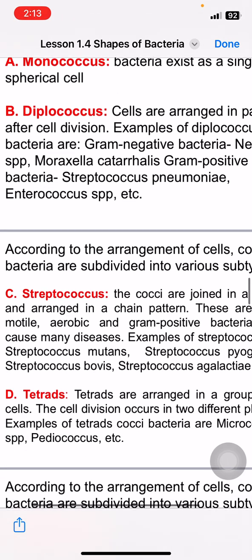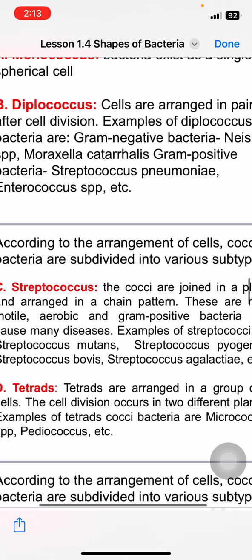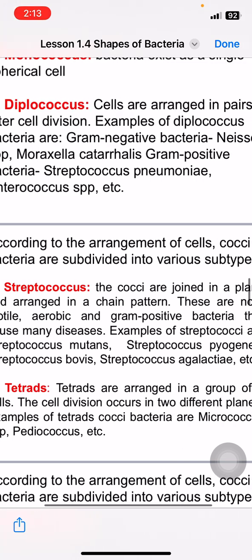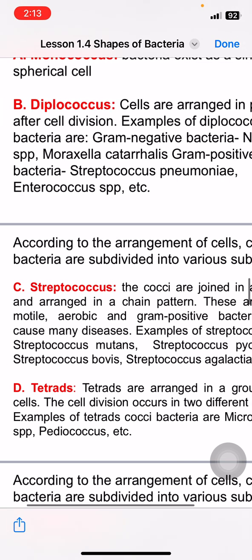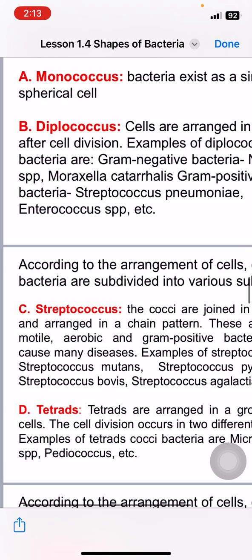Aside from that, we also have Streptococcus. Here, the cocci are joined in a plane and arranged in a chain pattern. These are non-motile, meaning they are not focused on movement, and it is aerobic, needing the presence of air, and is a gram positive bacteria that causes many diseases.